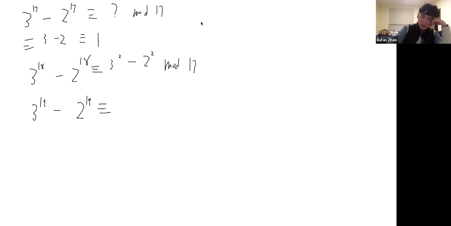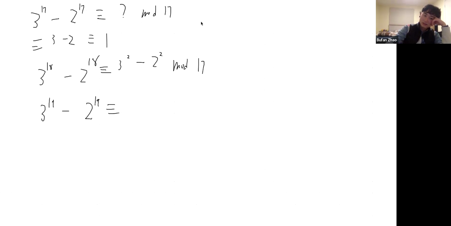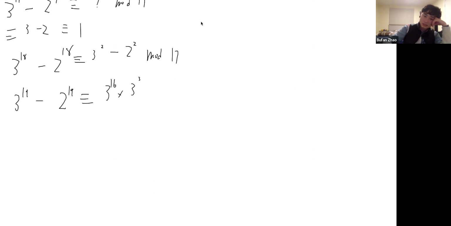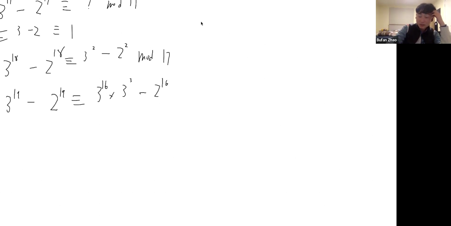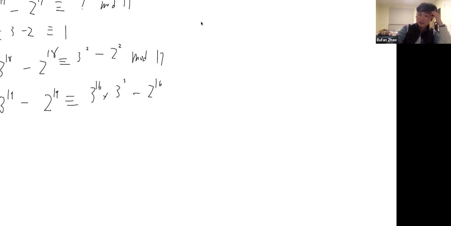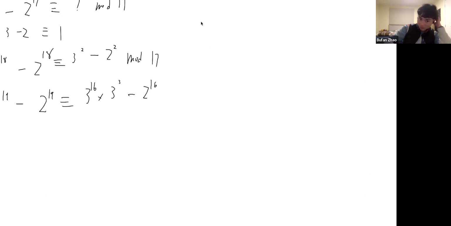Well, let's do the calculation once again. So notice that 3 to the power of 19 is equal to 3 to the power of 16 times 3 to the power of 3, minus 2 to the power of 16. Yes, 19 is correct, but because we're doing mod 17, we take the remainder of that, so it'll be 2. But thank you, Josie. So you can revise it as this.